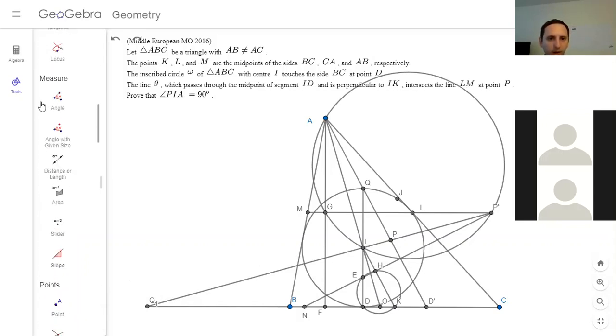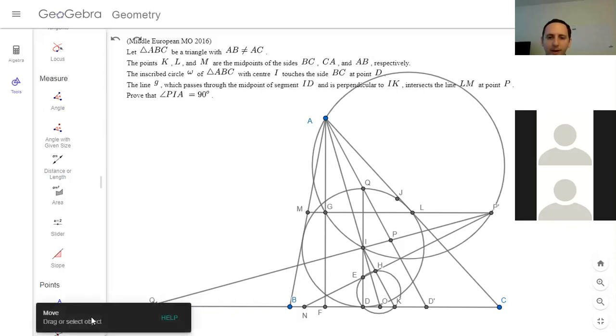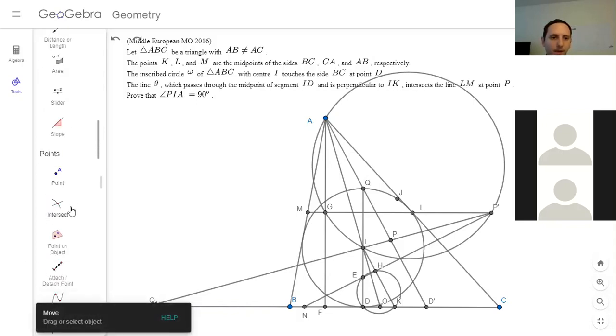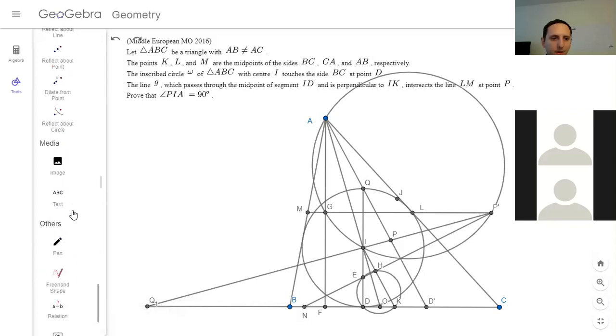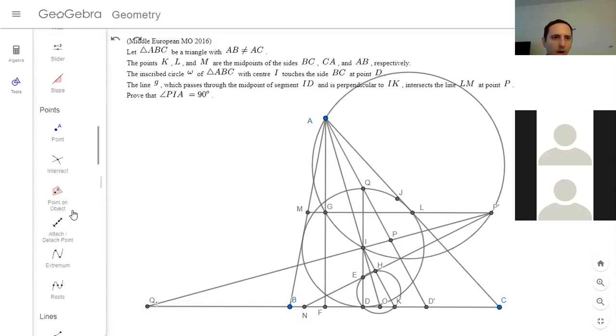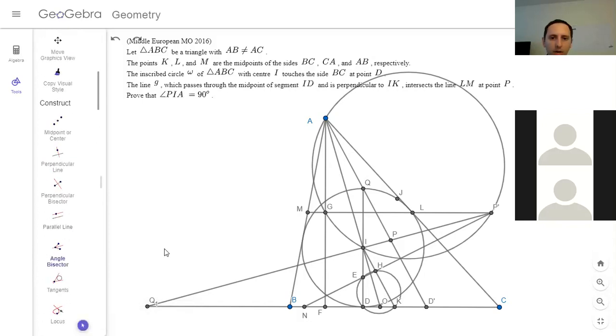I think I made a mistake. Yeah, no, it's not an angle bisector. So yeah, IO is not the bisector of BIK. That was my mistake there.